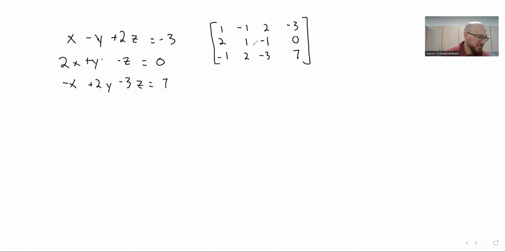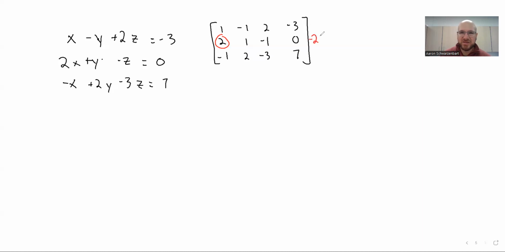Okay, my goal, let's first go with turning this number right here into a 0. There are multiple different options. I could multiply row 3 times -2. What I can do is multiply any row by anything and add it to another one.